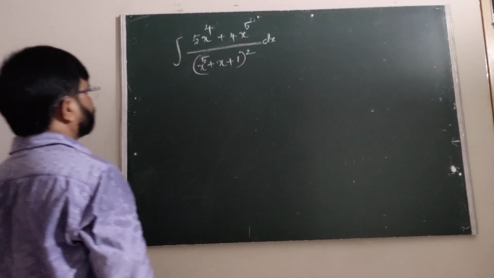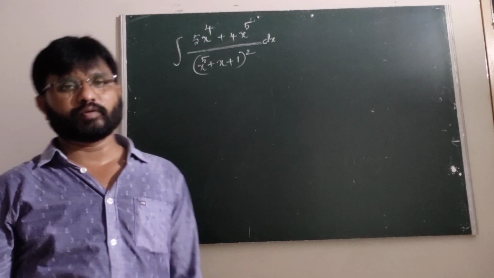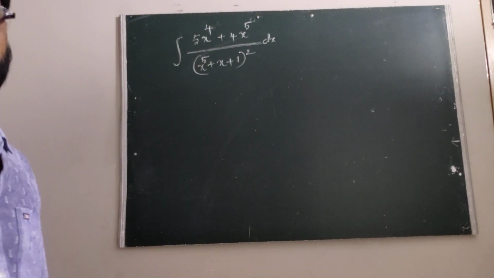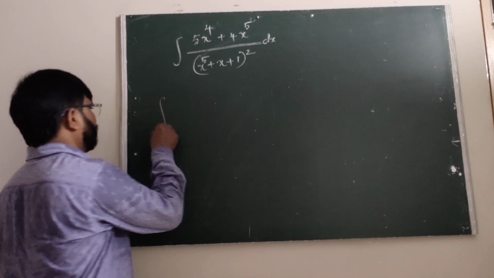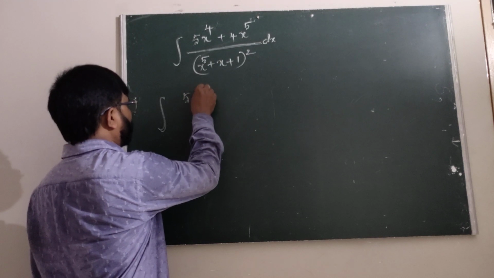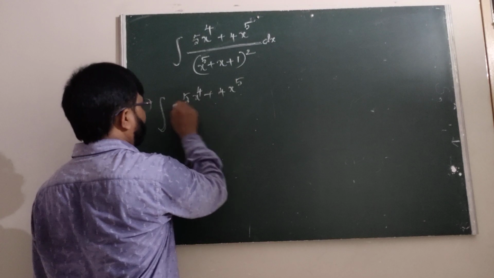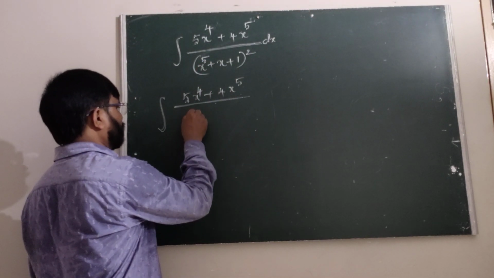Now here, the integral of (5x^4 + 4x^5) upon (x^5 + x + 1) whole square. How to evaluate this one? In the numerator, x^5 is common.